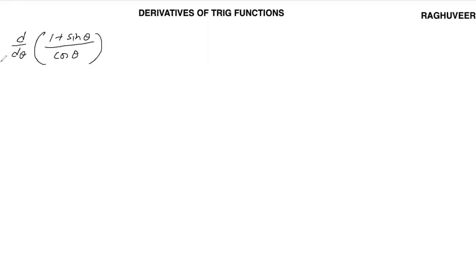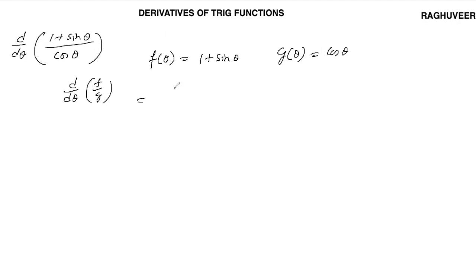Now let us look at this problem here. Here we can use the quotient rule. So f of theta is 1 plus sine theta, and g of theta is cos theta. So d by d theta of f by g. Let us solve this.